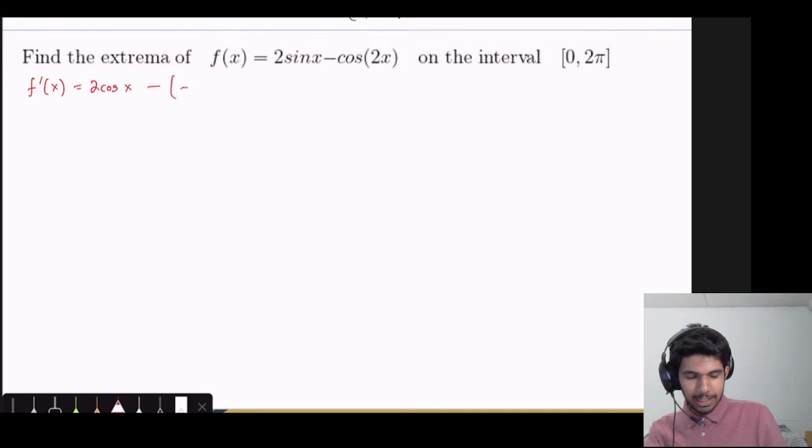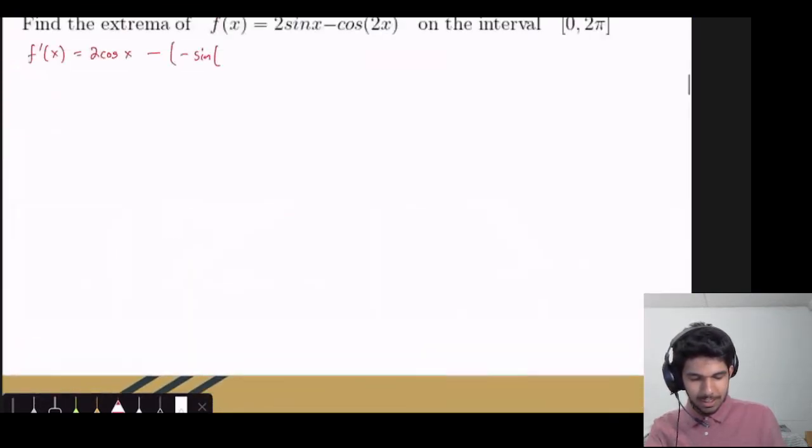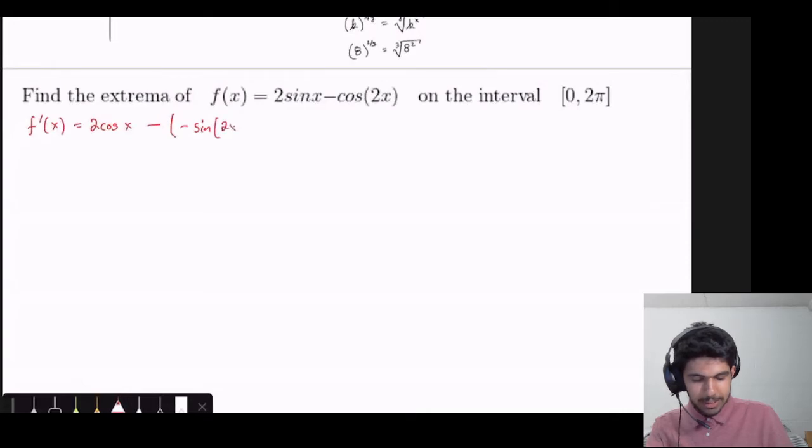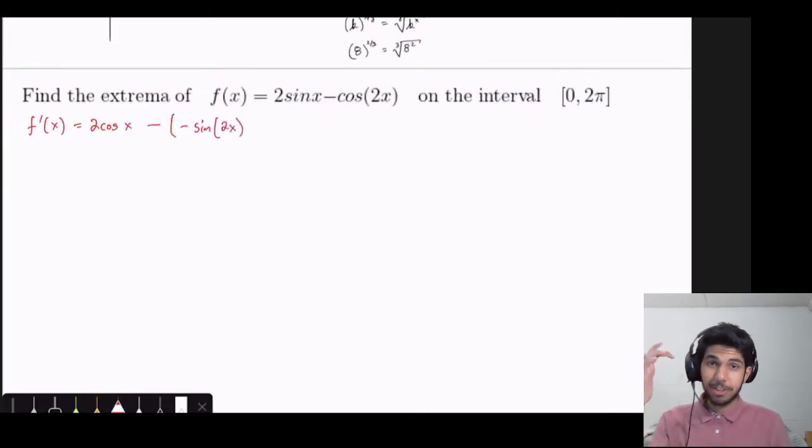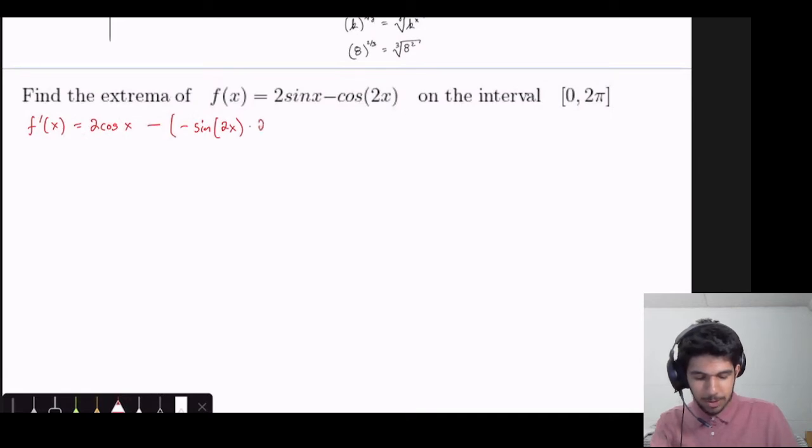So this will be negative sine of the quantity, which is 2x. And then we have to take the derivative of the inside of the function. So the derivative of 2x is 2. So putting this all together, we get 2 cosine x plus 2 sine 2x.